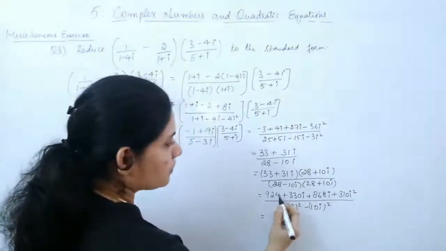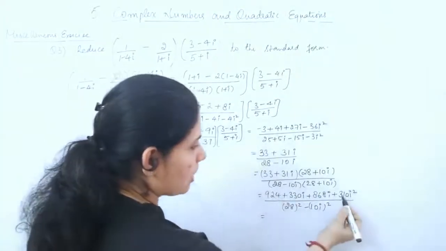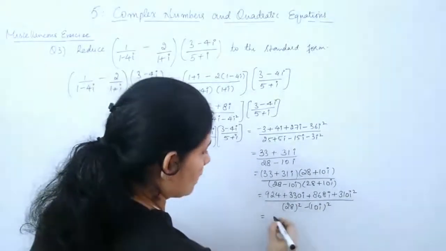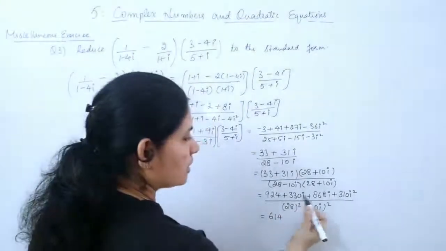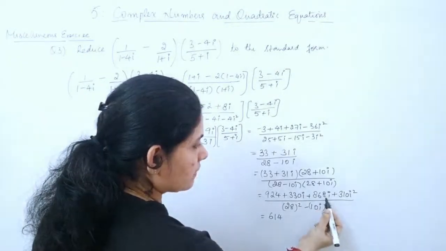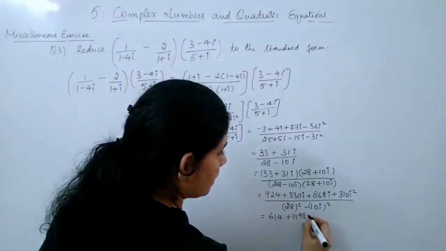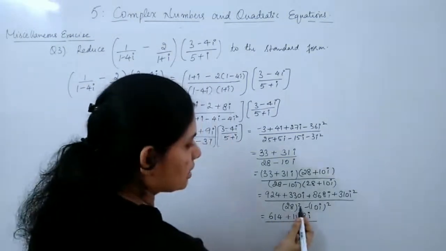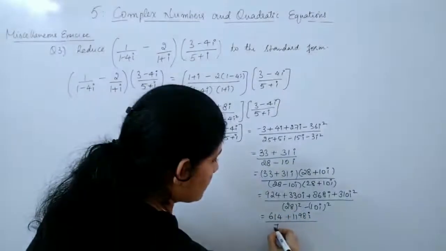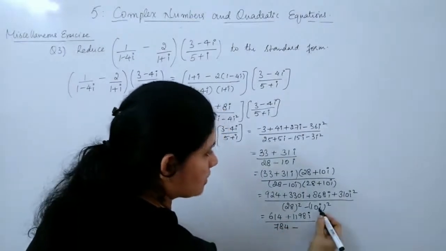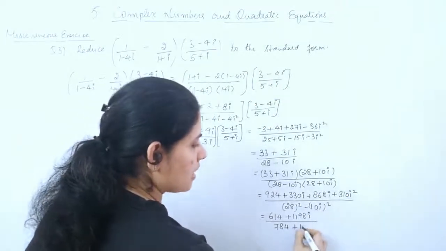Okay, now this will give you i square as negative 310, so 924 minus 310 will give you 614, and 330 plus 868 will give you 1198i divided by 28 the whole square will give you, square of 28 is 784, and this will give you 10 square as 100 and i square as minus 1, so that it will become plus 100.